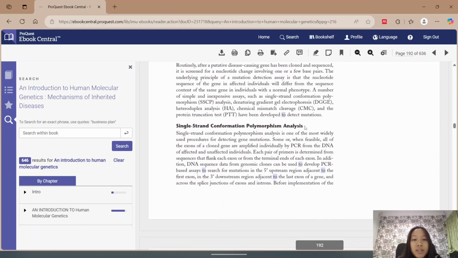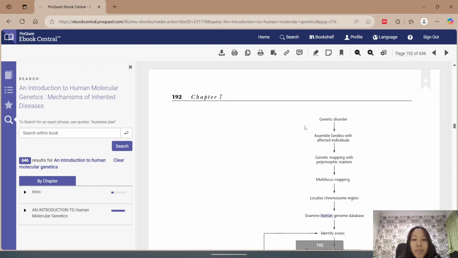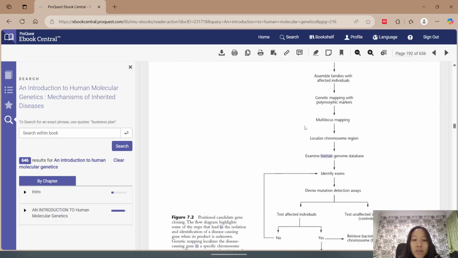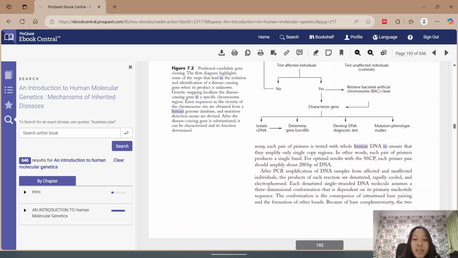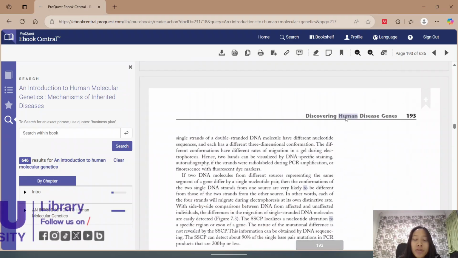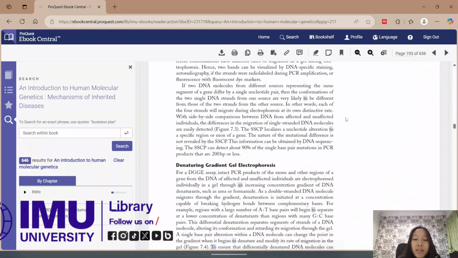It has a lot of mind maps included in this book. What I particularly like about eBook Central is that it shows the text in a modified format, which is one long scrolling motion with text.